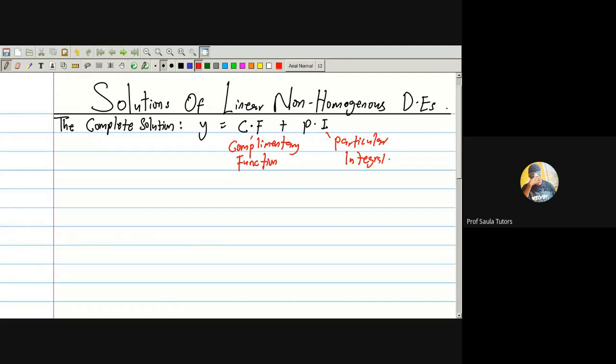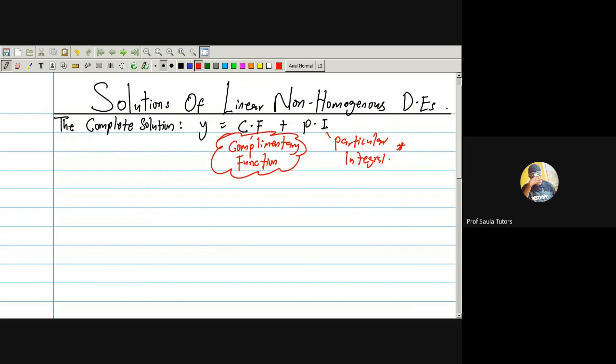Everything we have been doing before, the previous questions I've solved before this class, the ones on homogeneous equations, everything you have been doing there is complementary function. What you want to learn today to be able to solve non-homogeneous differential equations is particular integral.